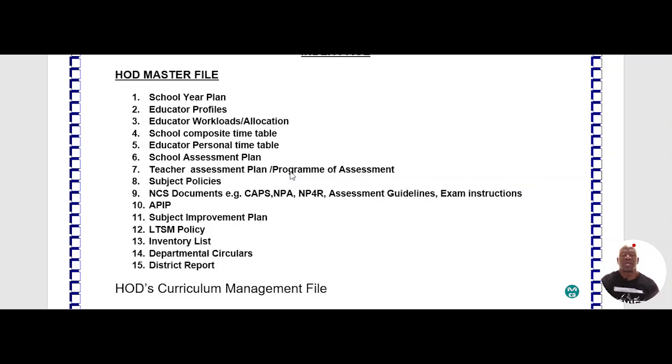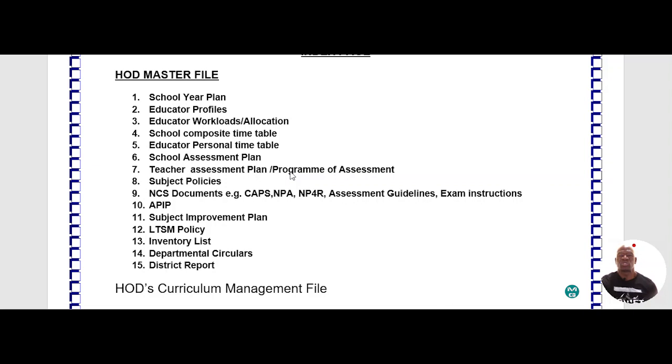So it is going to guide the teacher in terms of which assessment must be administered. Is it a test? Is it an assignment? Or what is it? It is described in section 4 of the policy document of each and every subject. So the teacher is going to use that to develop the subject assessment program, which eventually is going to contribute towards the school assessment plan. So that is number 7.